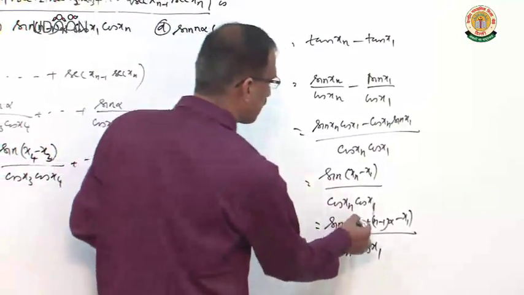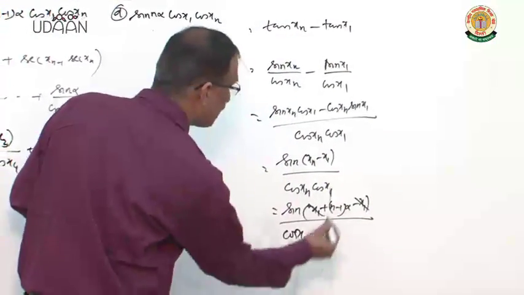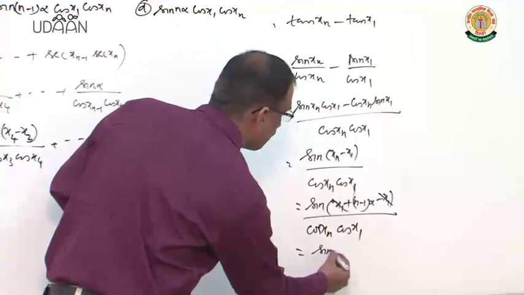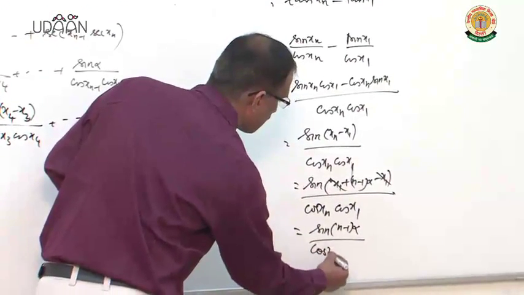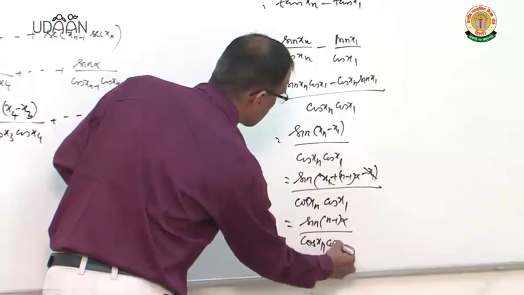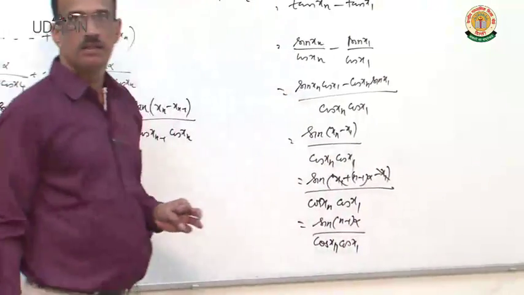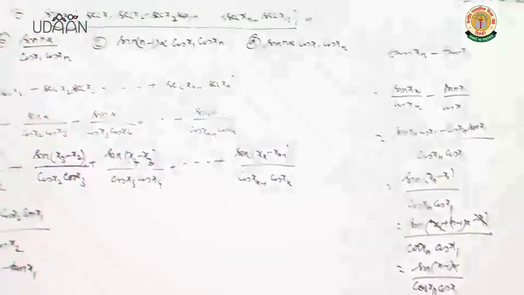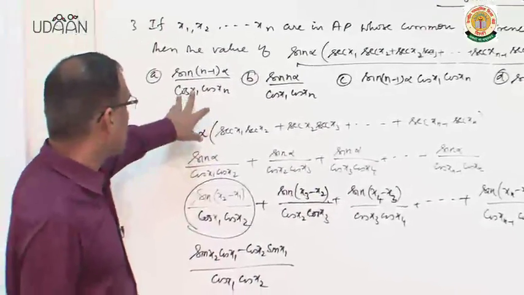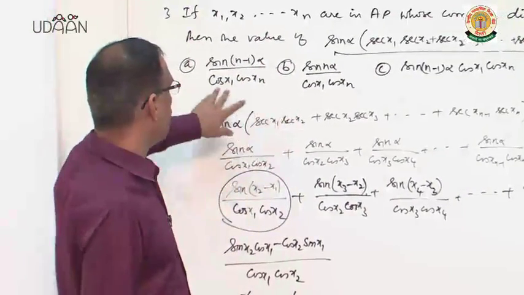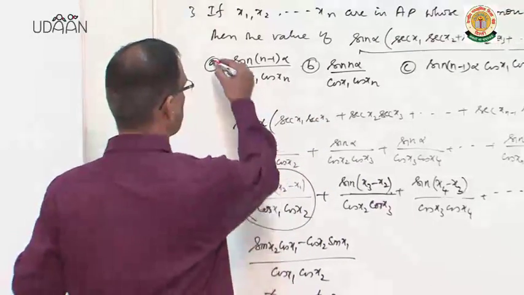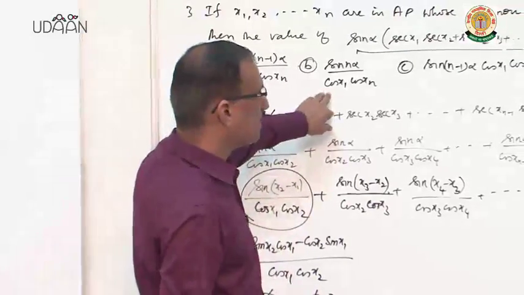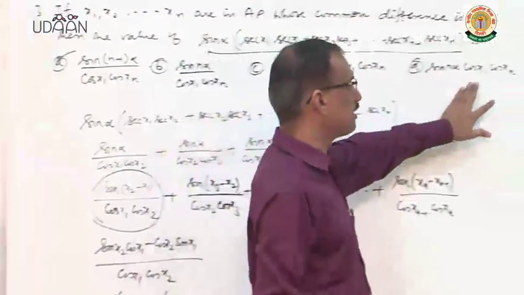So, this x1 gets cancelled. So, you get here sin of (n minus 1) alpha by cos xn cos x1. Now, let us see the options. Sin of (n minus 1) into alpha by cos x1 cos xn, this is your option. So, this is right. The other ones are not.